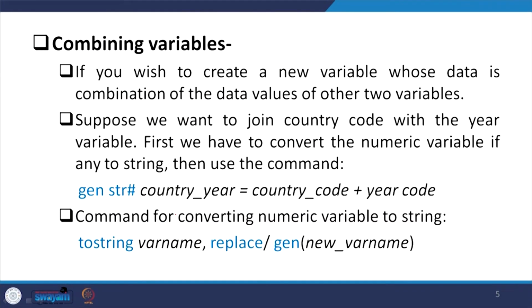All right. Now, what is also important after understanding the labeling is combining variables, and there are some intricacies involved. Some variables, how to combine them? Not necessarily all variables can be combined at one's own wish. Now, if you wish to create a new variable whose data is a combination of data values of other two variables, okay.